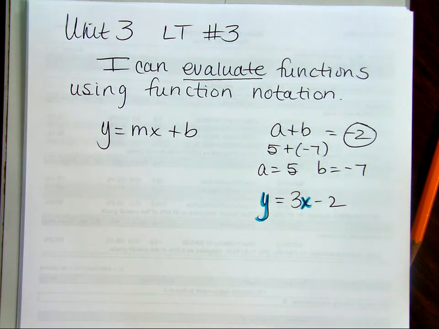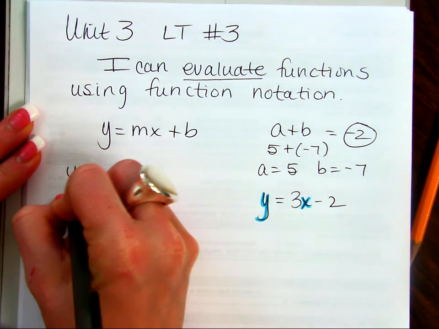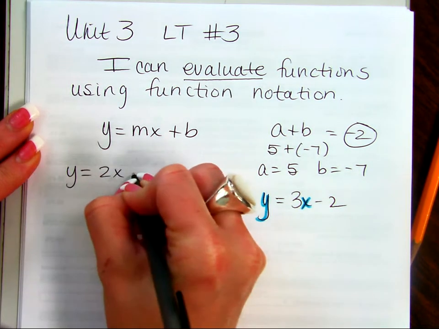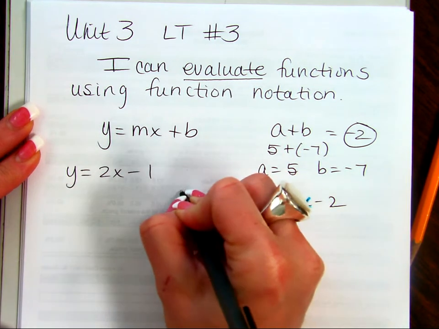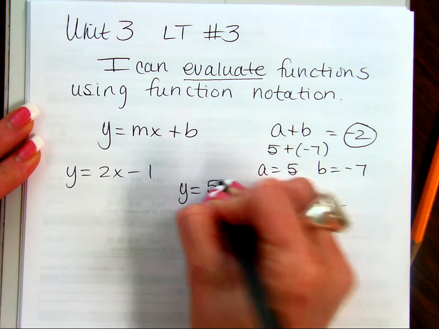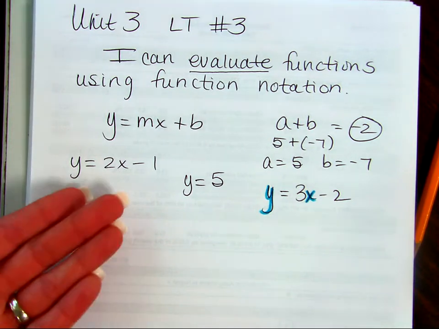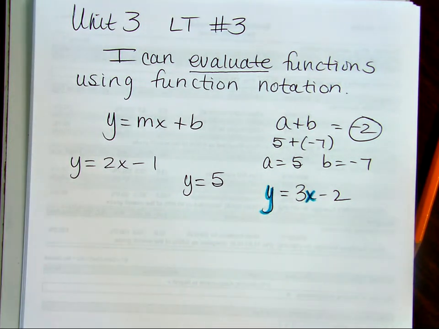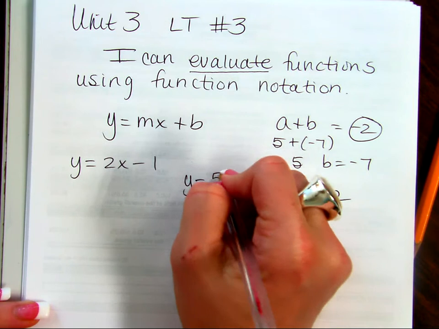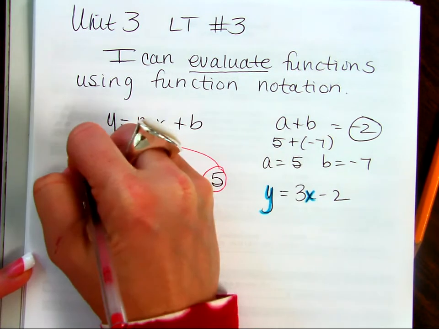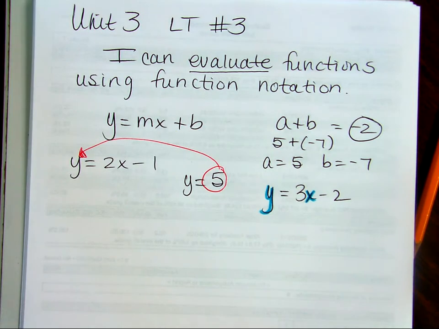So as I'm looking at this, I said to you, okay, let's figure out y equals 2x minus 1 when y is 5. You remember doing that, right? It just means wherever you see a y, we're now going to put 5.